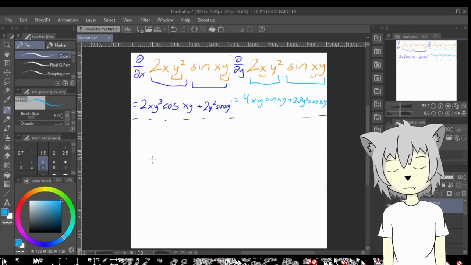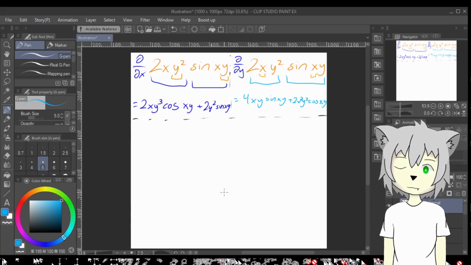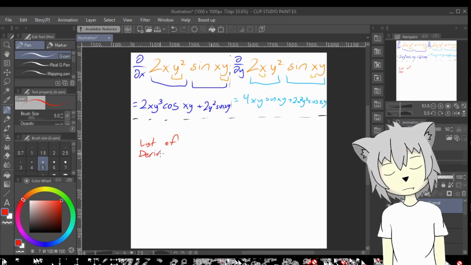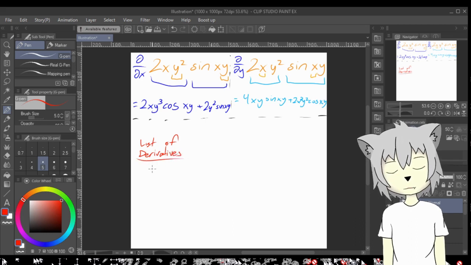so long as you have a list of derivatives that you get in class or something, like a sheet of derivatives, so that you don't have to memorize all of them, where d/dx of x^n is equal to n x^(n-1), and so on and so on.